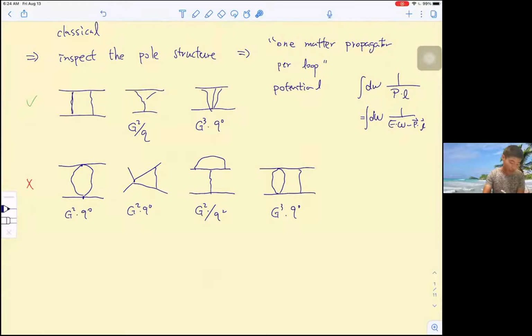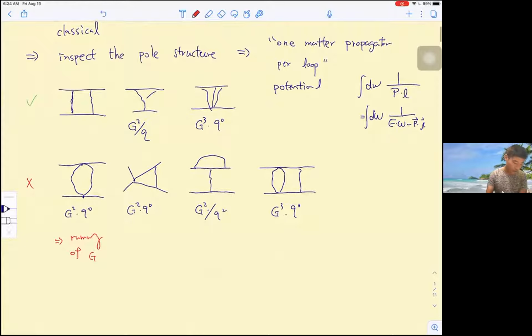Even though you add one more rung to make the Q counting look classical, the integration inside this bubble will kill the result. The physical interpretation is that these bubbles correspond to the running of G Newton, which is a quantum effect.